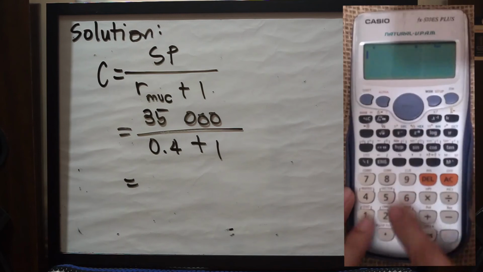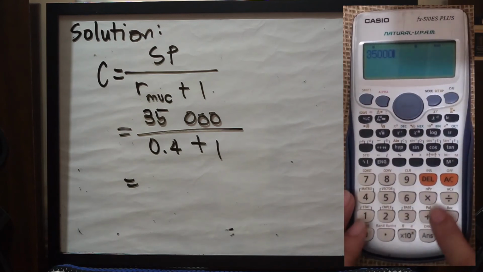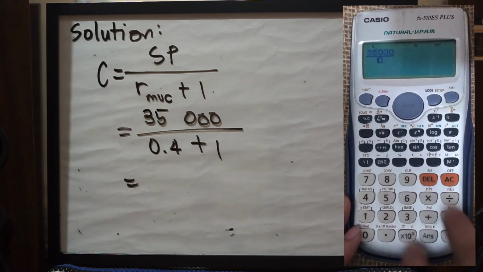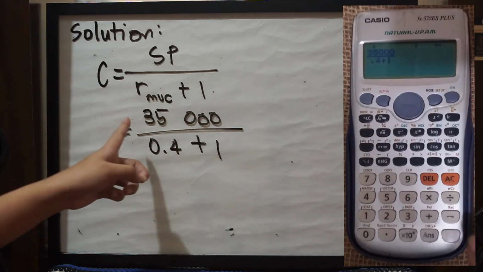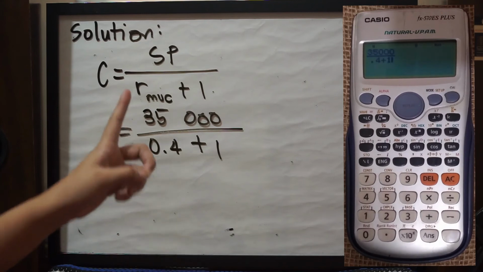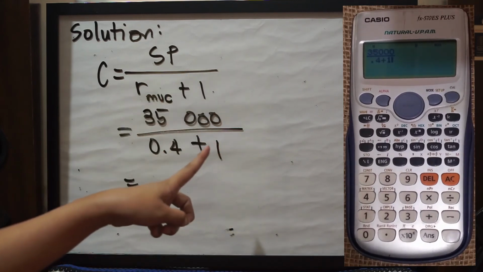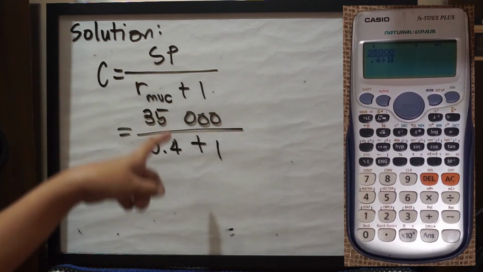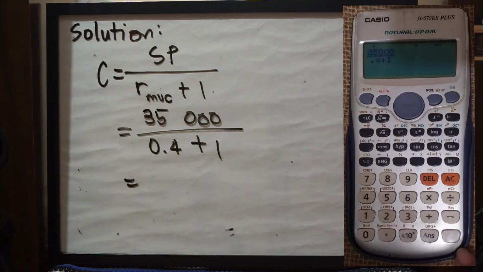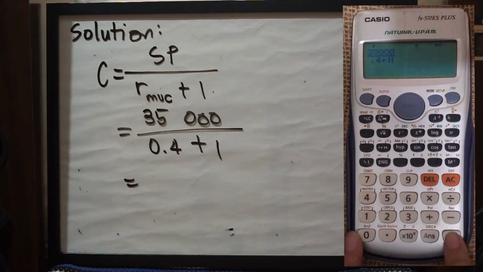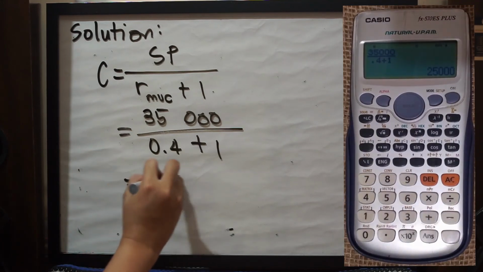So, 35,000 all over 0.4 plus 1. Paano ko yun ginawa? Yung 35,000 tapos fraction, move nyo ulit yung mga cursors nyo, yung mga arrow keys sa calculator, lagay nyo sa denominator, tas input yung 0.4 plus 1. Then, equal sign, the answer is 25,000.